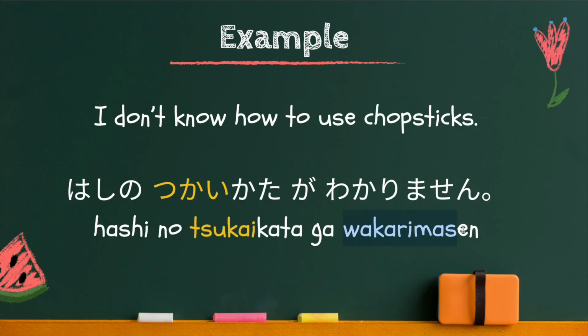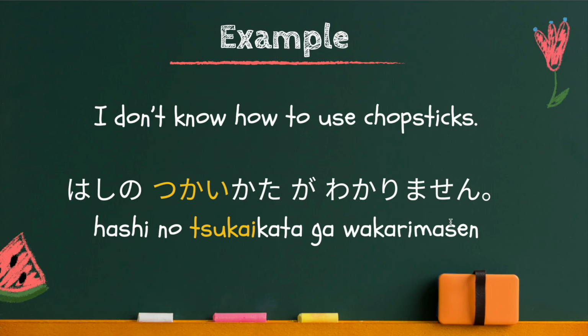And わかりません means I don't know. And you need to use ga particle whenever you use this verb わかります. So always it's ga particle then わかります. So the whole sentence is this. 箸の使い方がわかりません.